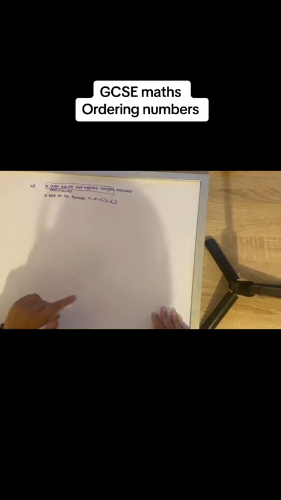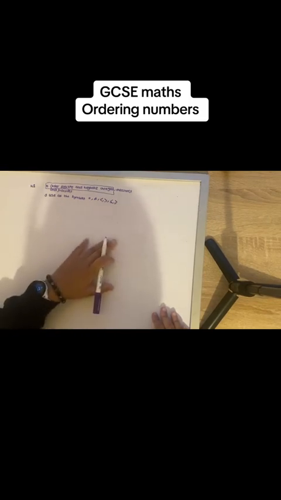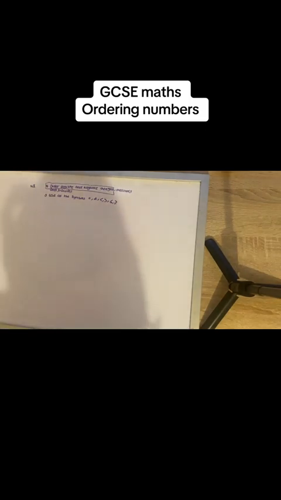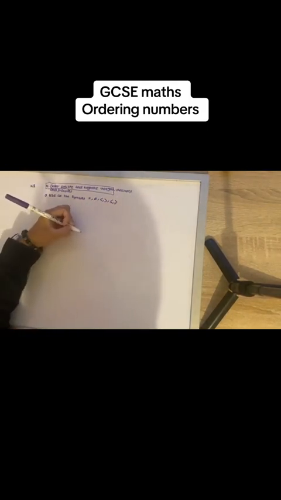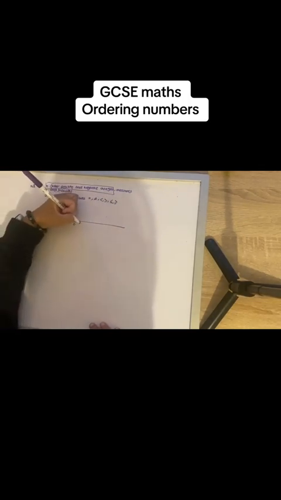It will be slightly more confusing when you get into the negatives. So that's when sometimes a number line would be easier to use. For example, okay, so I'm going to write a number line at the top here, so it'll be easy.